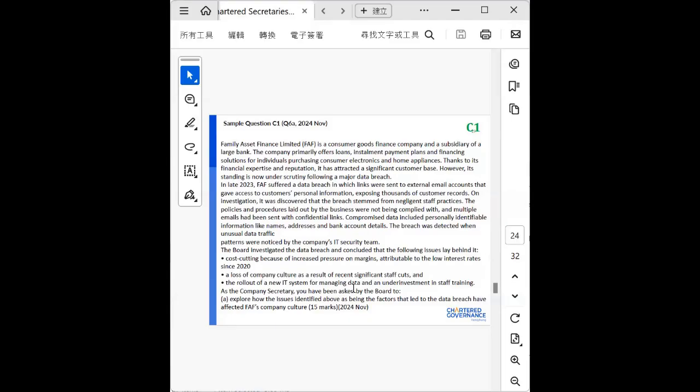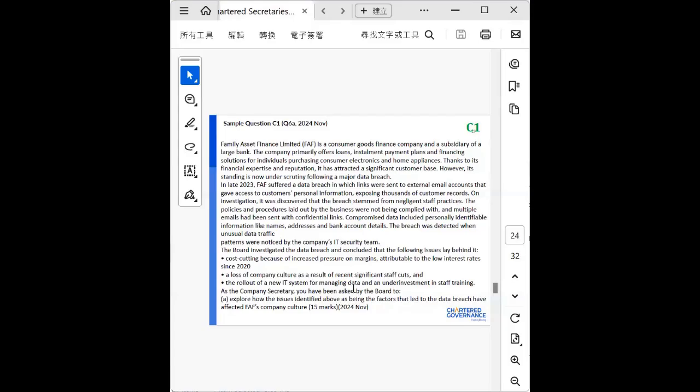Control systems basically refers to compliance protocols being ignored. They are poorly performed. So lack of training, again, weakens control over secure data handling. So that's a control system.